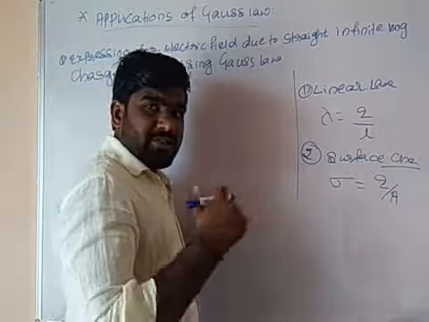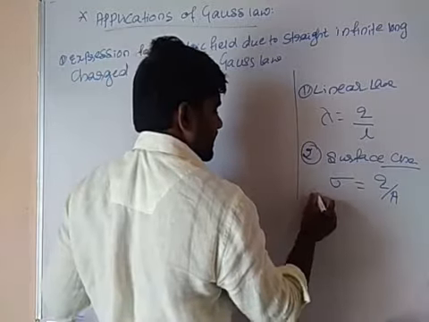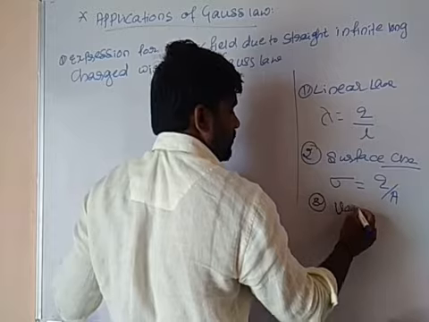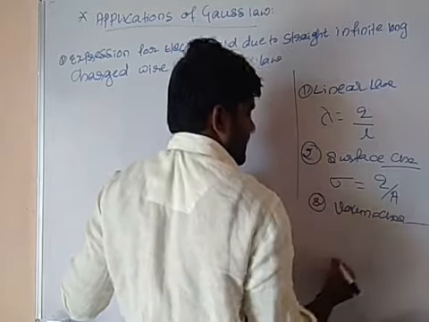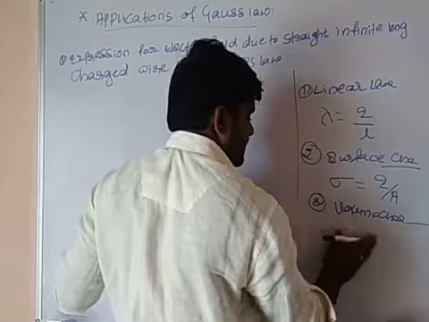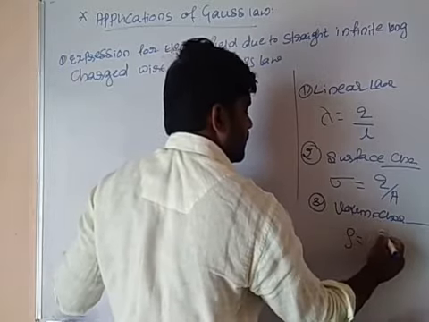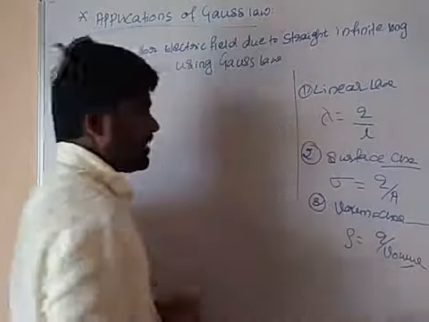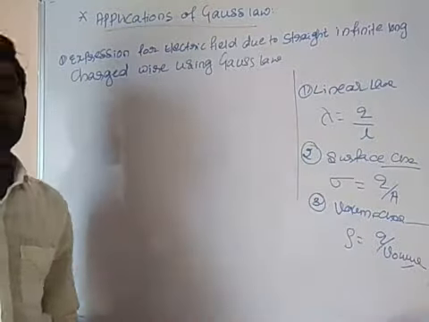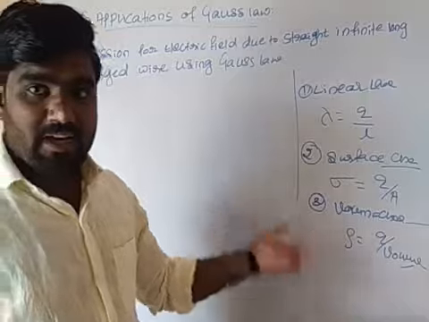You saw this in the previous video. The third one is volume charge distribution: rho is equal to Q divided by volume. These are the important formulas we require now.